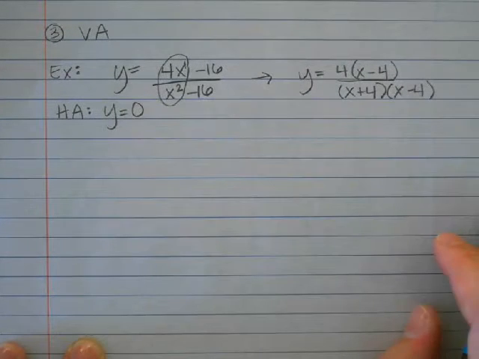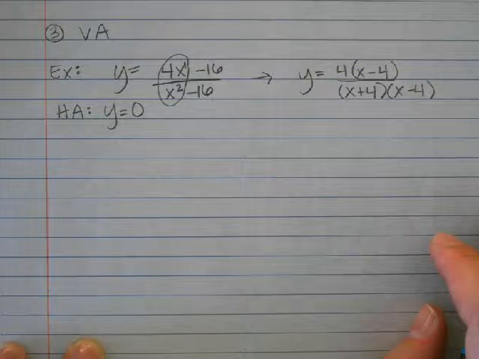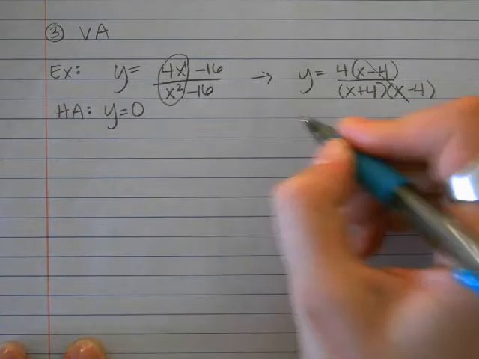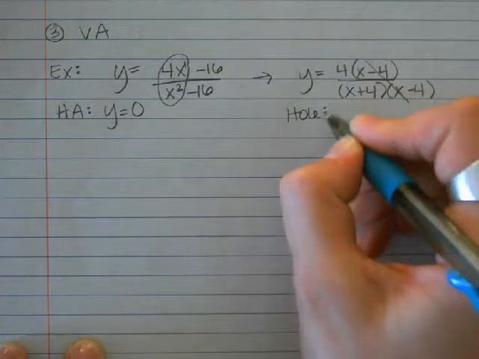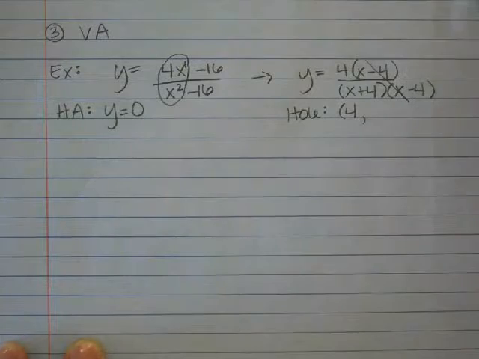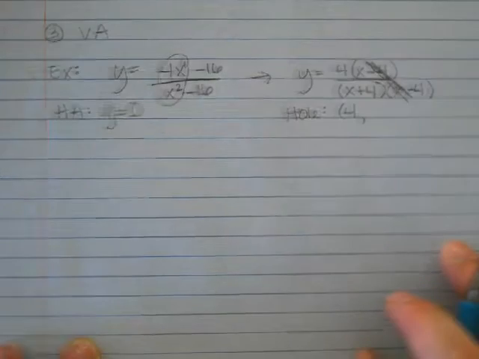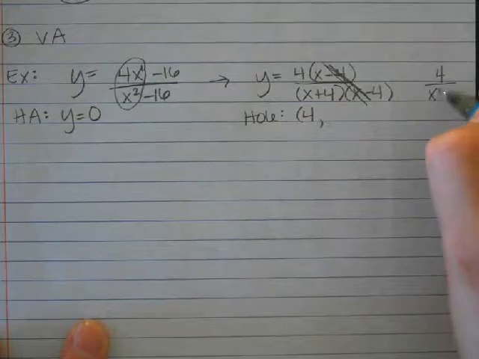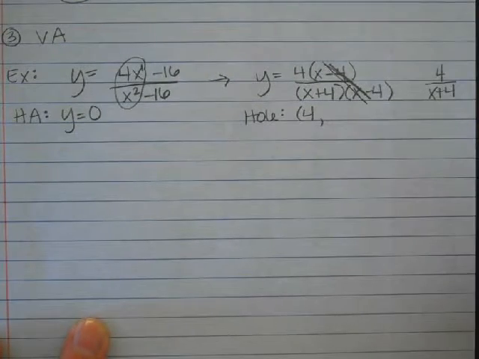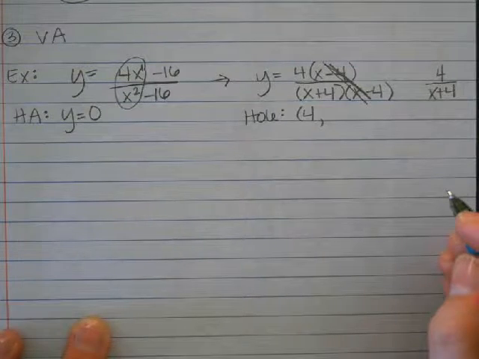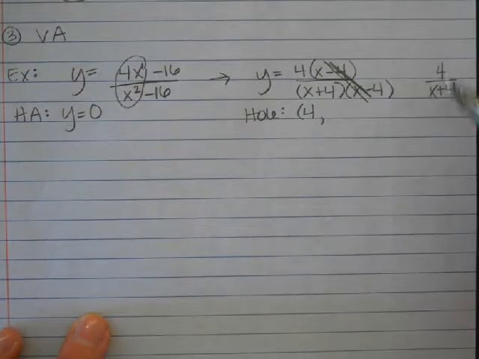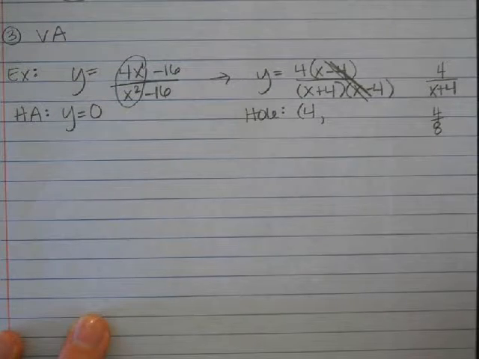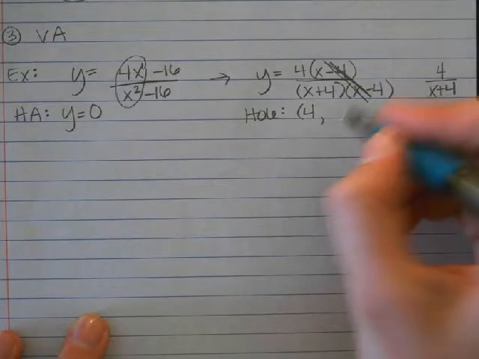Okay, so what does that tell us about holes or asymptotes? There's a hole at 4. So we have a hole at an x value of 4. Those cancel, which means the hole has an x value of 4. The leftovers would be 4 over x plus 4. So the y coordinate of the hole is going to be 4 over 8, and 4 over 8 is 1/2.